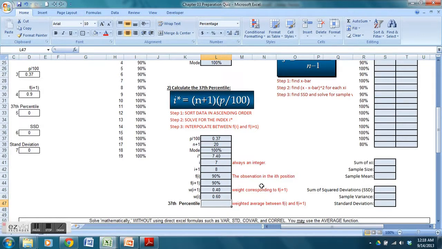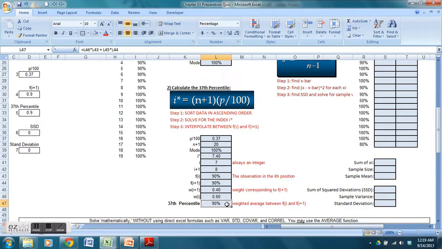Now the 37th percentile is equal to the weight of I multiplied by the value of the ith place, plus the weight associated to the I plus 1 place multiplied by the value associated with the I plus 1 place, 90%.